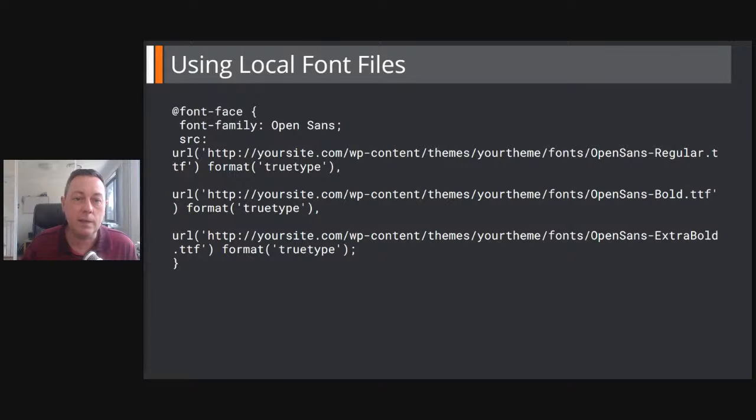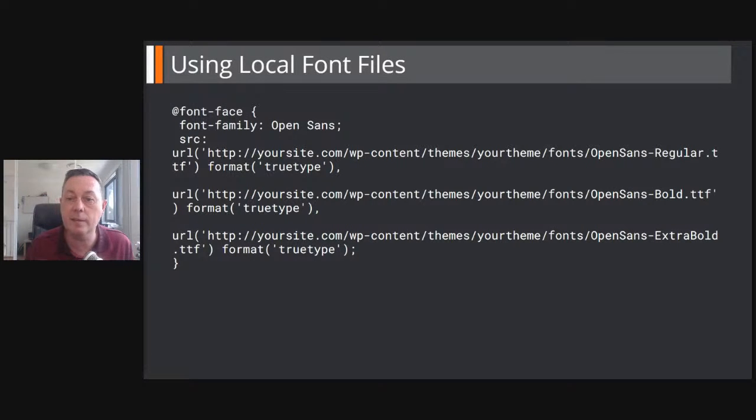And then on the next line, there's a src statement, and that takes the parameter of url, and I am specifying the actual HTTP link all the way through from your site, wp-content, themes, your theme/fonts, where the files are, and then the file name.